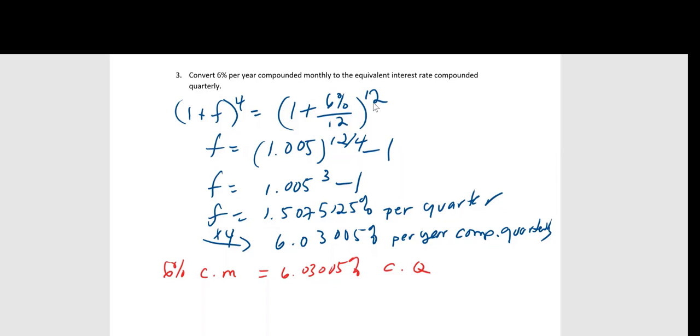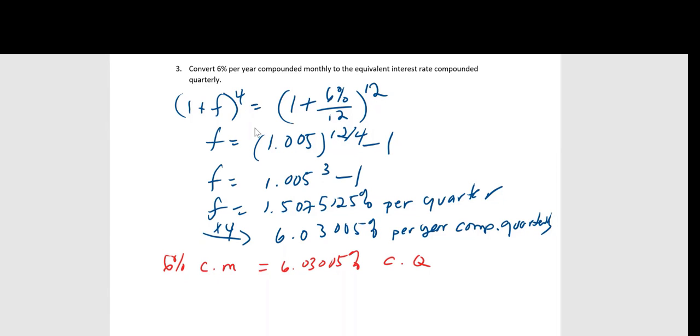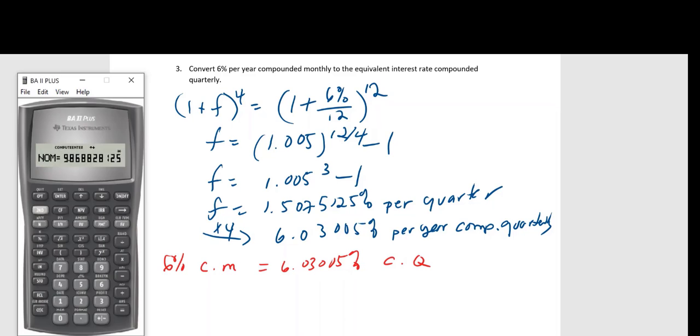Solving for F, we get F equals 1.005 to the power of 12 divided by 4, minus 1. Solving for this, we get 1.507512% per quarter. This is the periodic interest rate. We multiply it by 4 to get 6.03005% per year compounded quarterly. Therefore, 6% compounded monthly is equivalent to 6.03005% compounded quarterly.